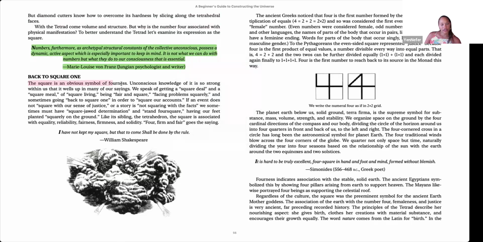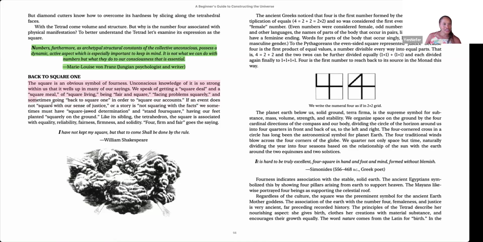The square is an obvious symbol of fourness. Unconscious knowledge of it is so strong within us that it wells up in many of our sayings. We speak of getting a square deal and a square meal, of square living, being fair and square, facing problems squarely, and sometimes going back to square one in order to square our accounts.